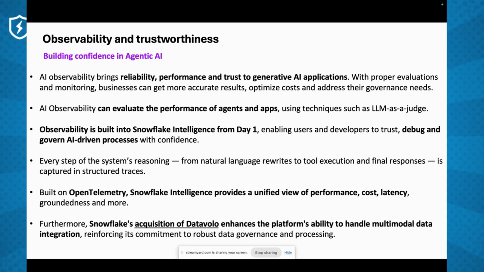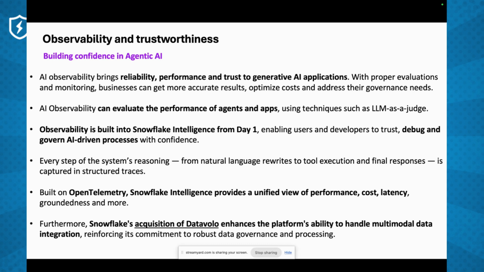Now, I mentioned observability. Observability is very, very important because through this you build confidence in agentic AI. Observability brings reliability, performance, and trust to generative AI applications. Observability is something that we have been learning for quite some time, Keith, right? The word is not new, but making sure that observability is done for Gen AI is something new.